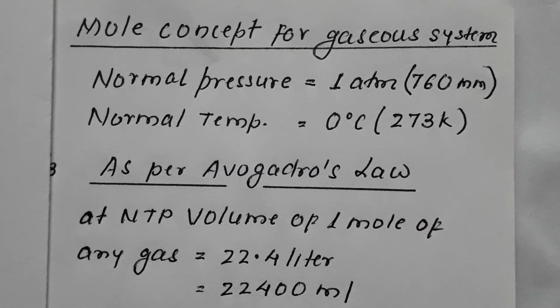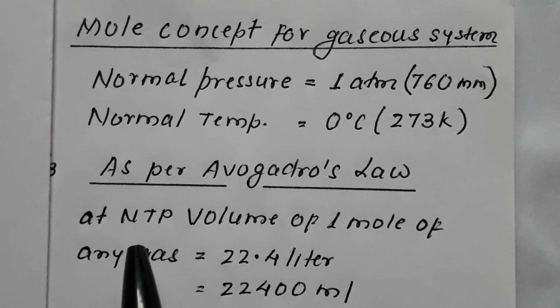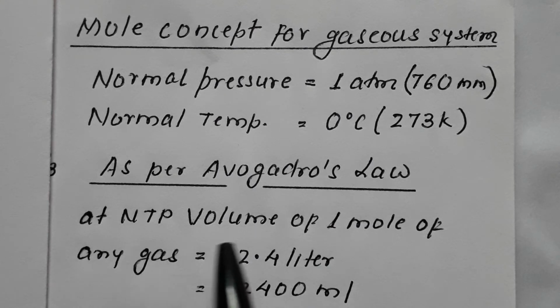Now according to Avogadro's law, at normal temperature pressure, the volume of 1 mole of any gas is always 22.4 liter, that is 22400 ml.